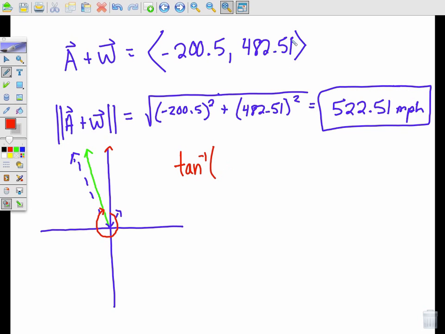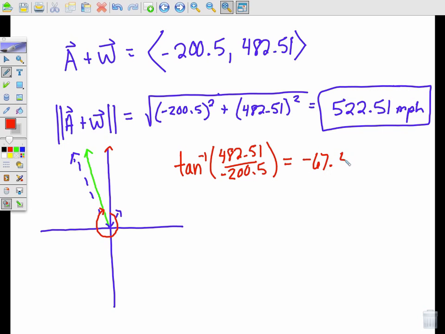And the angle is found by taking the inverse tangent of my x and y coordinates, the y value, 482.51, divided by the x, which is negative 200.5. If you take the inverse tangent of that, we're going to find the angle.